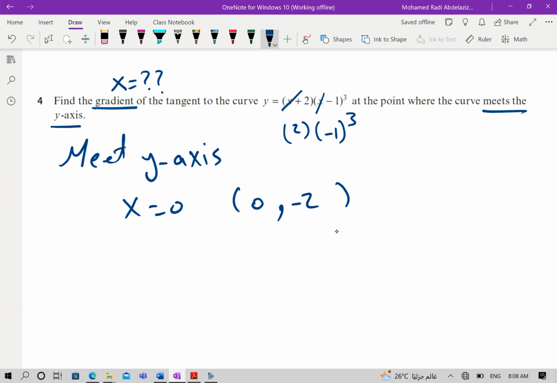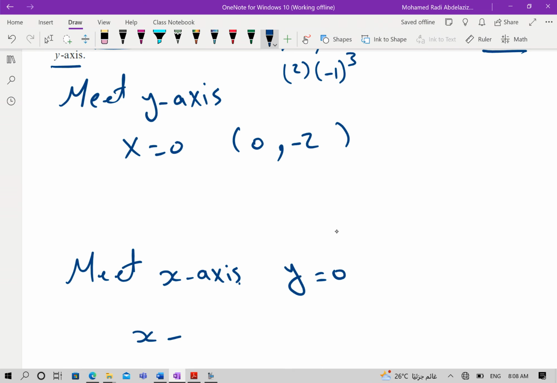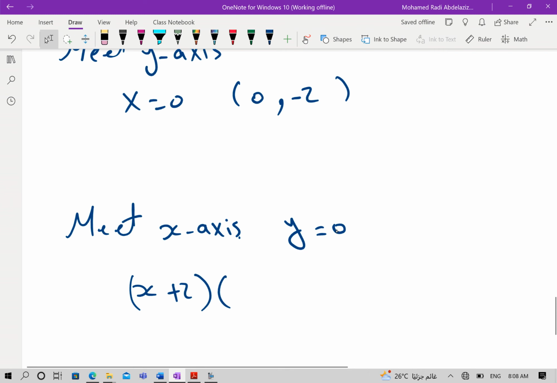What about if it is given meet x-axis? Meet x-axis, y equals 0. So we have the equation x plus 2 multiplied by x minus 1, all to the power of 3, equal to 0.